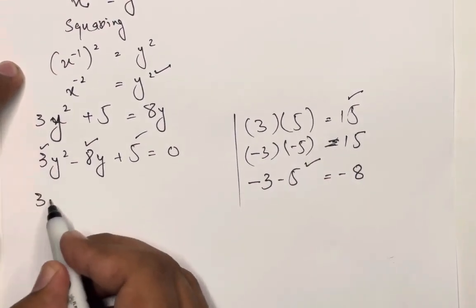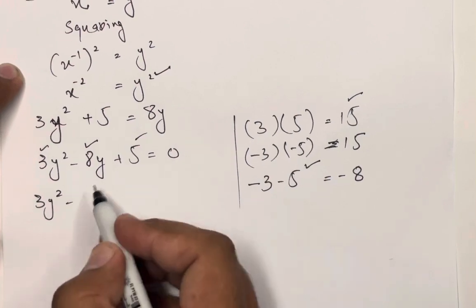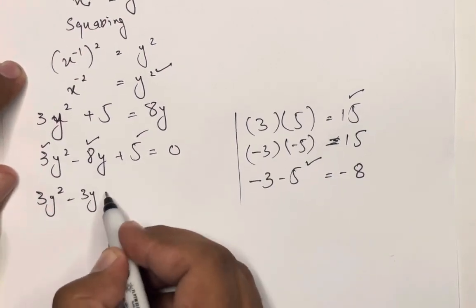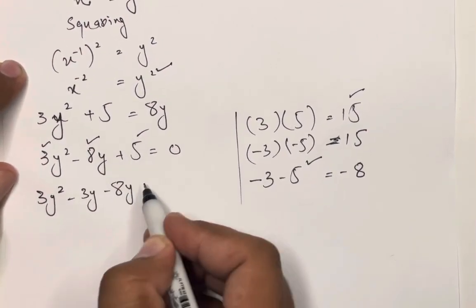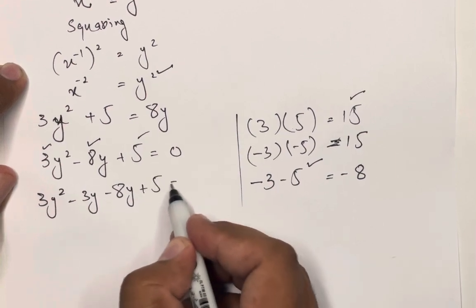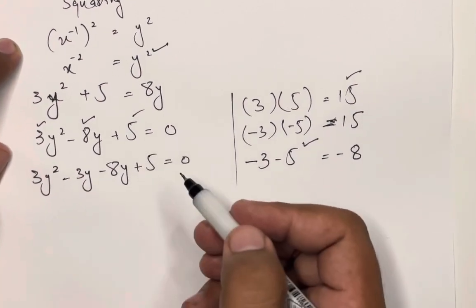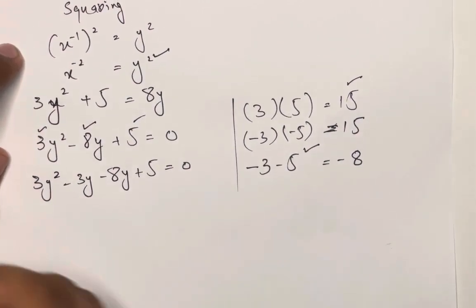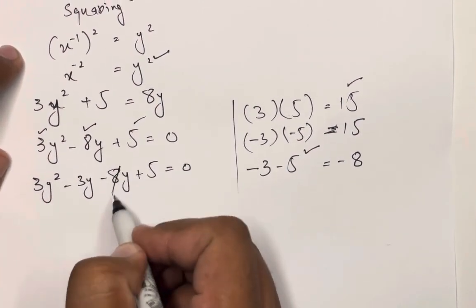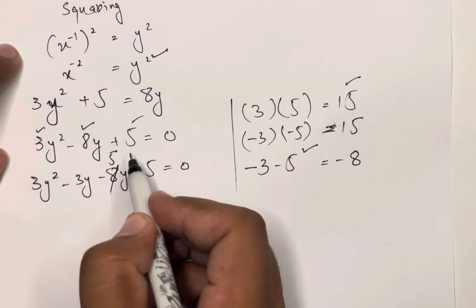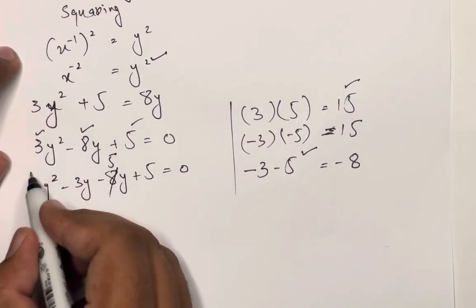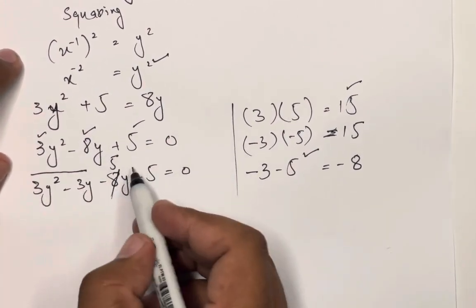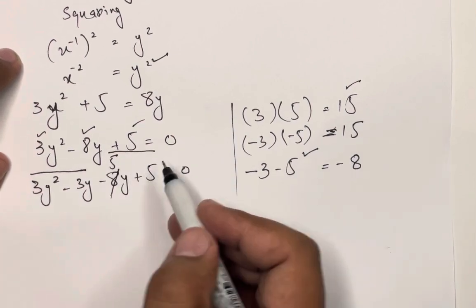I am writing it here: 3y^2 - 3y - 5y + 5 = 0. Now I am taking common factors from these two terms and these two terms.